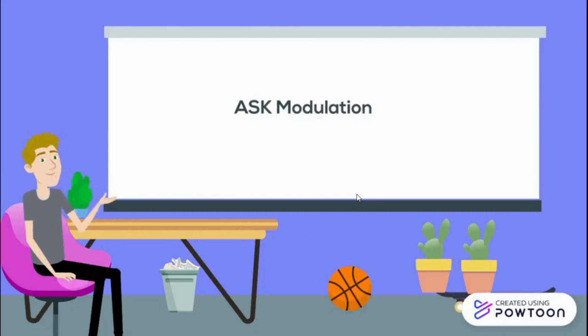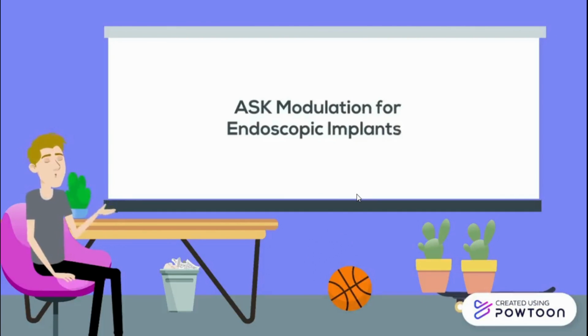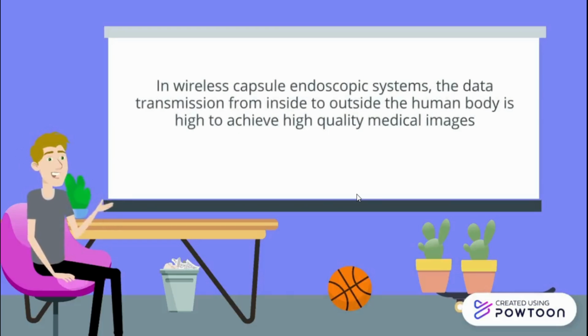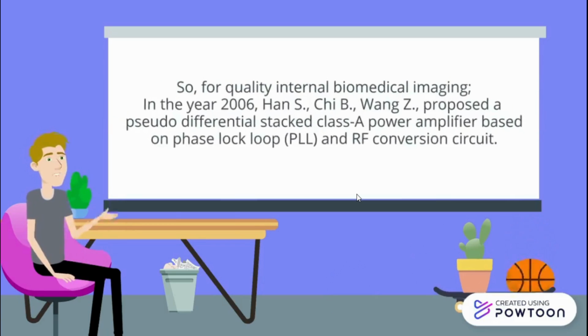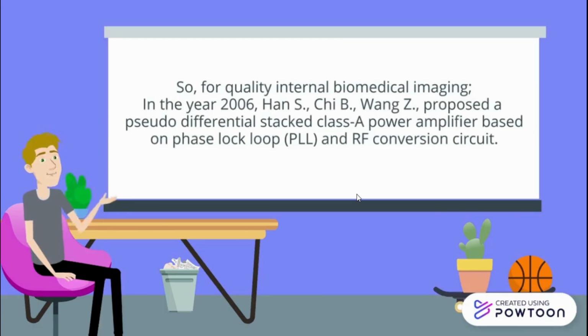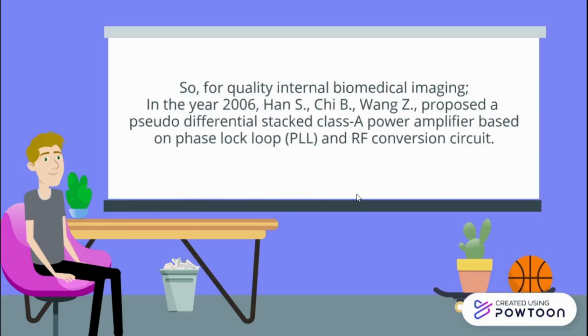Now looking at the ASK modulation for endoscopic implants. In wireless capsule endoscopic systems, the data transmission from inside to outside of the human body is high to achieve high-quality medical images. So, in order to achieve quality internal biomedical imaging, in the year 2006, a few scientists proposed a pseudo-differential stacked Class A power amplifier based on a phase-lock loop and an RF conversion circuit.